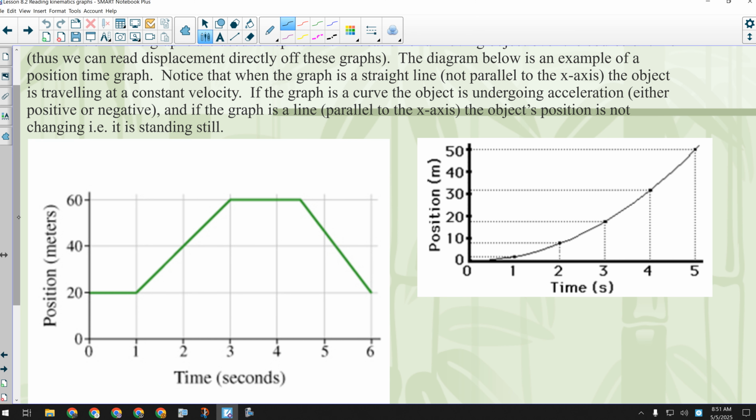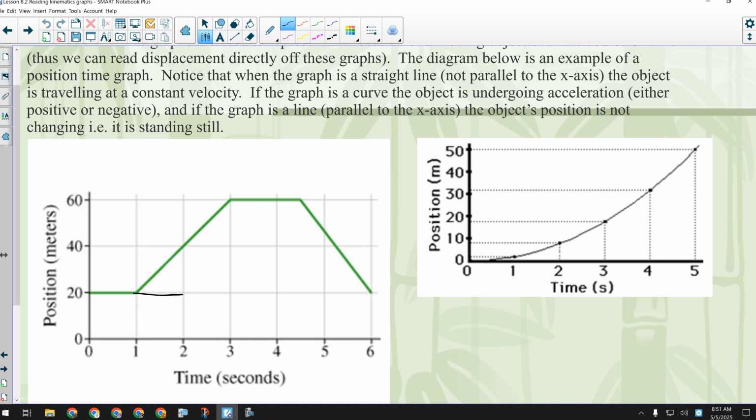Is it accelerating or moving at a constant velocity? This is the harder one. We all want to say accelerate because we see a diagonal line, we see an increase in something. But here's the thing. Acceleration is a change in velocity. This object isn't accelerating. Its velocity is constant, and here's how we can find out.